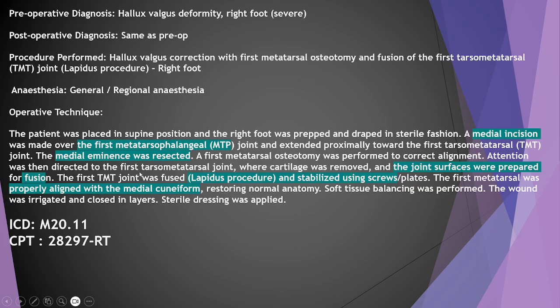Attention was directed to the first tarsometatarsal joint and the cartilage was removed. And the fourth criteria, that is the joint surface was prepared. This is where we see that it means the fusion will be done. The joint surface prepared for the fusion purpose. The first tarsometatarsal joint was fused, that is the Lapidus procedure, and was stabilized using screws and plate.